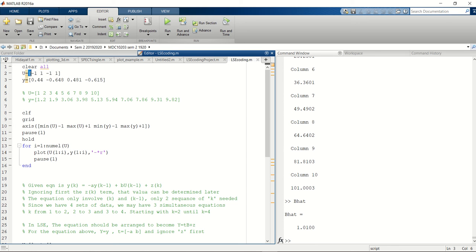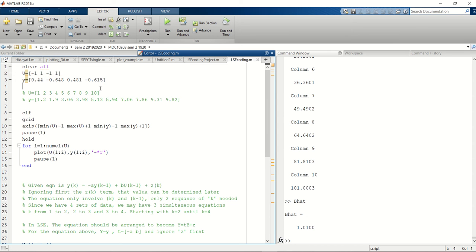So this is the sign to create a matrix. Okay, and then the value is -1 space 1 space -1 space 1. So this is our input. Same goes to the output Y. So this is the values just now. So we have all the values here, four values.